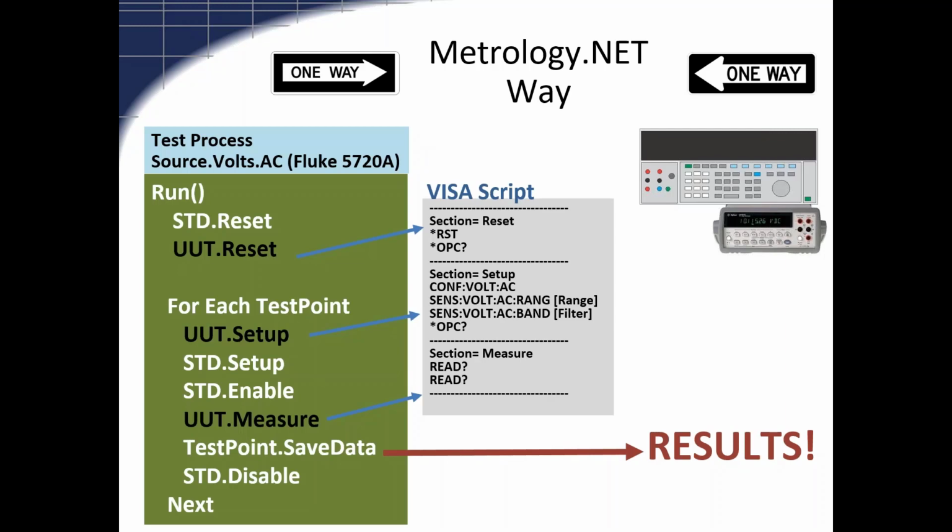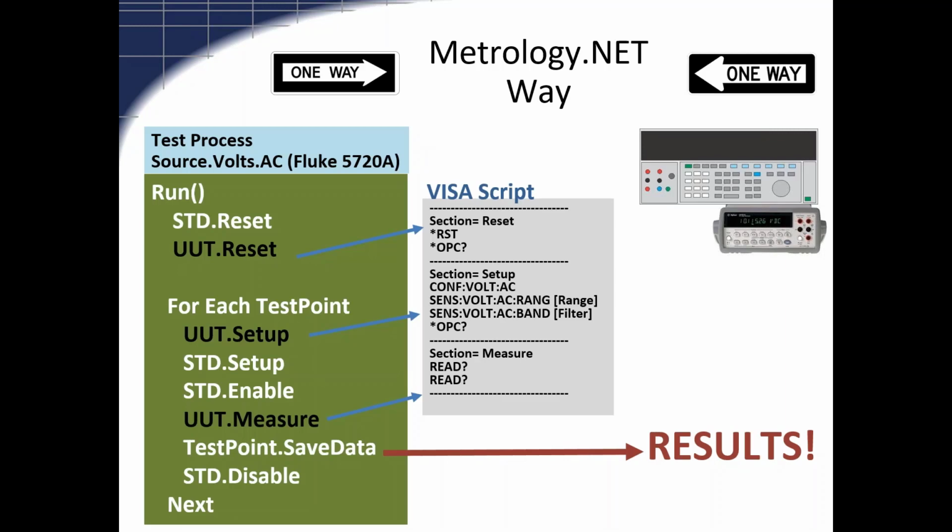And then you can see inside of the pseudocode here that we're going to reset our standard, reset our 5720. Then we're going to call our reset function on our device under test. Then for each one of our test points, we're going to set up the unit under test, set up our standard, enable our standard, and call our measurement process. Then we're going to save our results off to the database, disable the standard, and go on to the next data point.